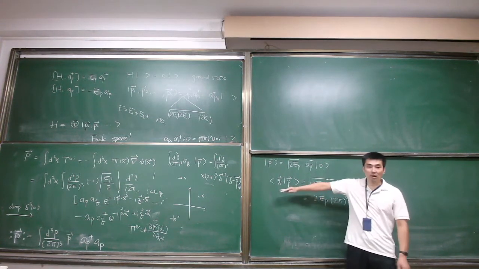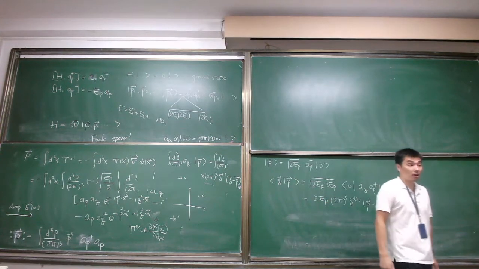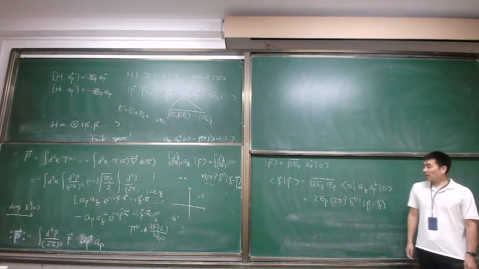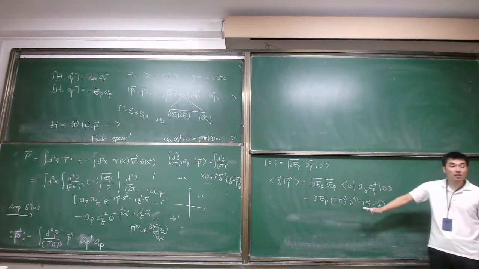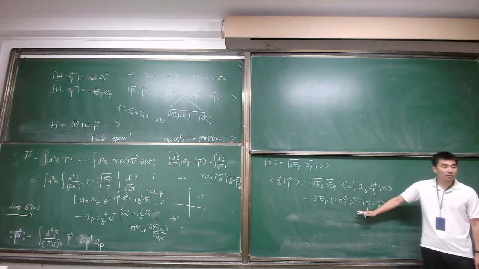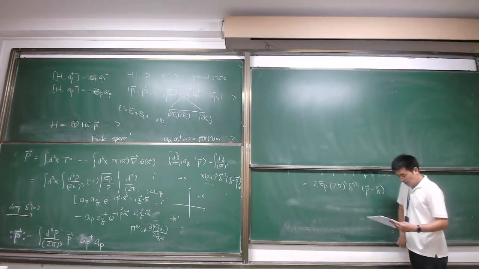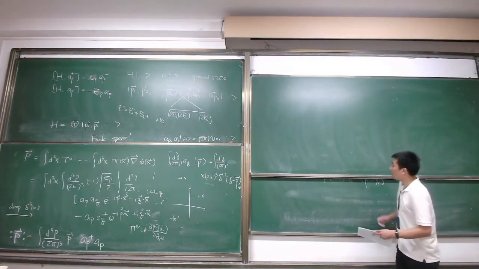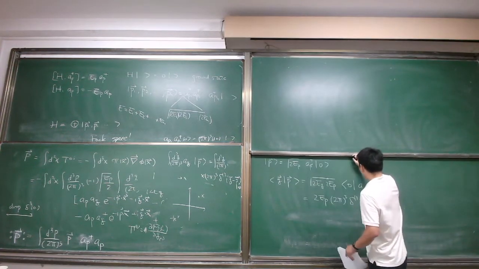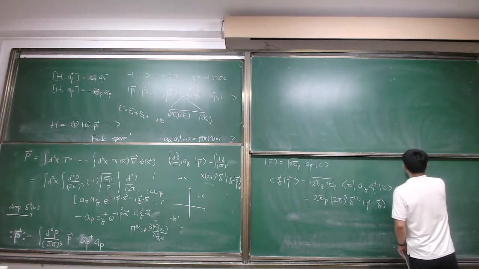We want this quantity to be Lorentz invariant. To see if it is, we need to see how this delta function behaves under Lorentz transformation. So now we consider a Lorentz boost.